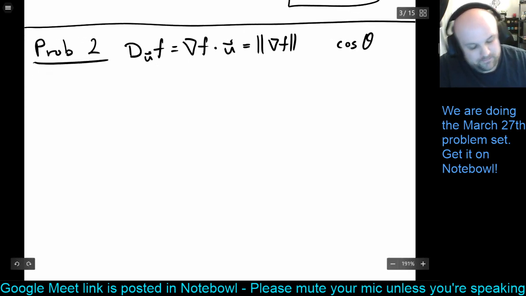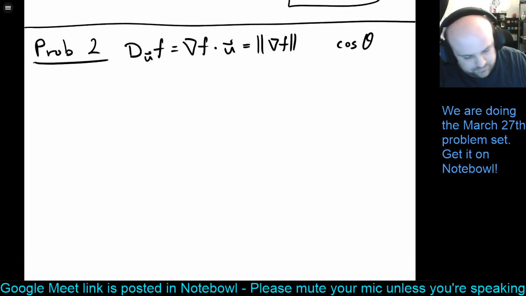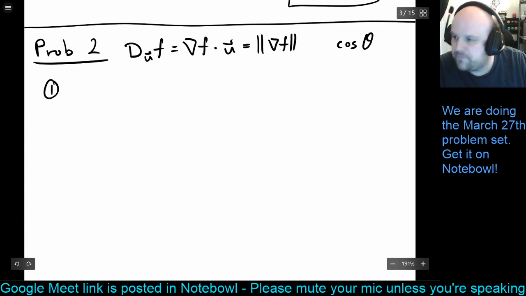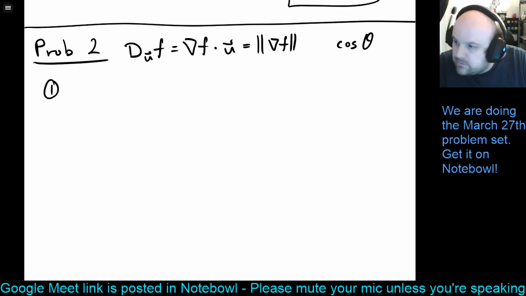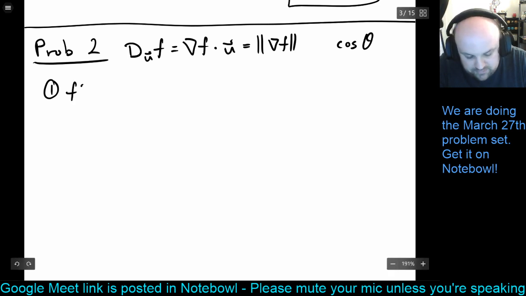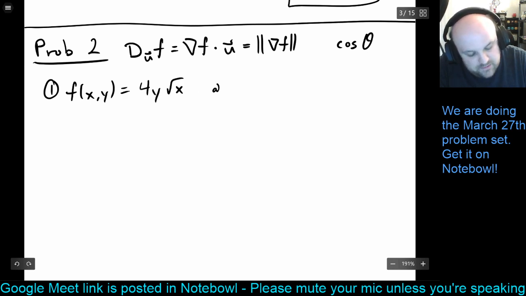All right. So, let's go ahead and work this out. So what we want to do is find the maximum rate of change of the function at the given point. So, well, let's see here. So f of x, y is 4y square root of x at the point 4, 1.